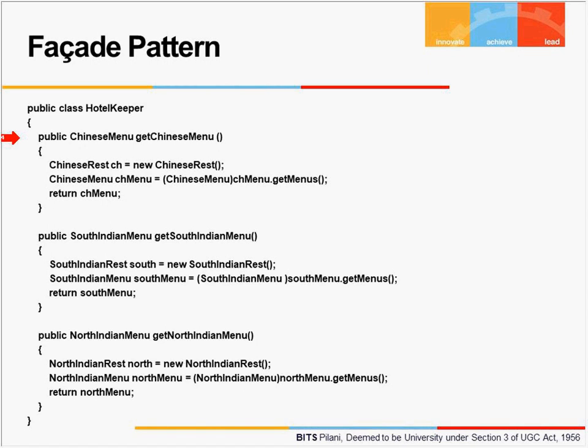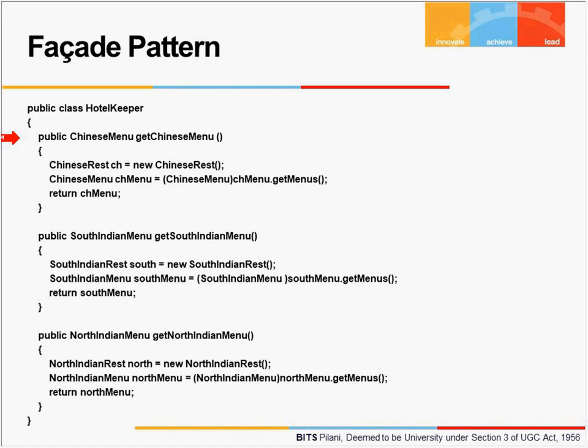So this is how the hotel keeper acts as a facade object and gains the information from the individual restaurants, does a unified calculation of this, and generates the result, right?